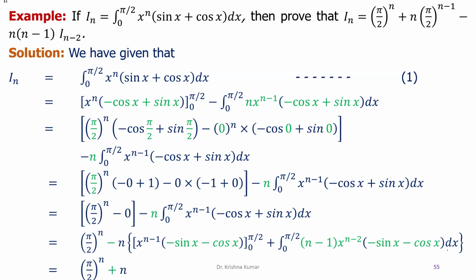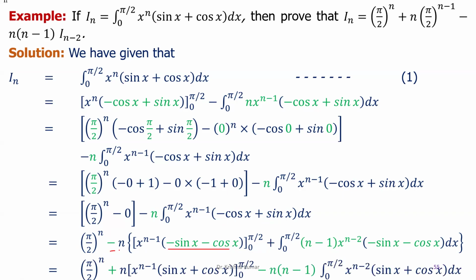So which gives us this: minus and minus, if we take outside, it will become plus n times x to the power n minus 1 (sin x + cos x) under the limit 0 to pi by 2.